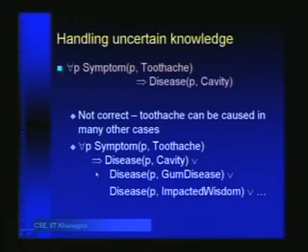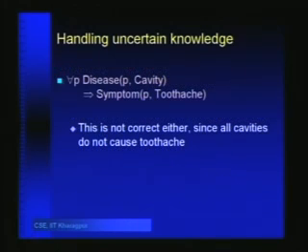Let us try to model this in the other direction. So, suppose we want to say that for all P, disease P cavity implies symptom P toothache. So, we are saying that whenever there is cavity, then the symptom is toothache, right. But this is not correct either because all cavities do not cause toothache.